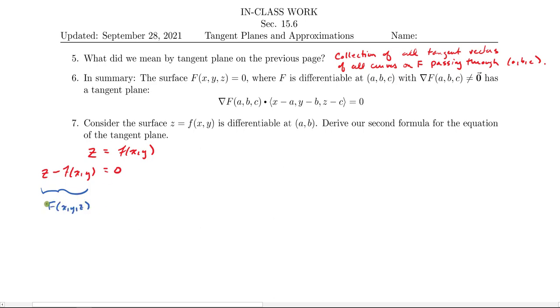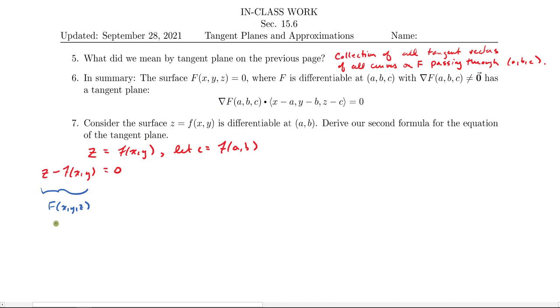So now we have a function F of x, y, z set equal to 0 describing a surface. And I forgot to add, we need to let c be the value when we plug (a, b) into this function. So we've got the point (a, b) where we want to construct the tangent plane on our surface. If we plug (a, b) into the function, it outputs some value c.